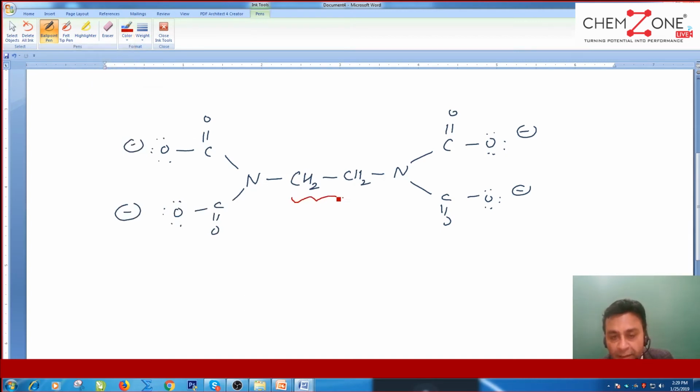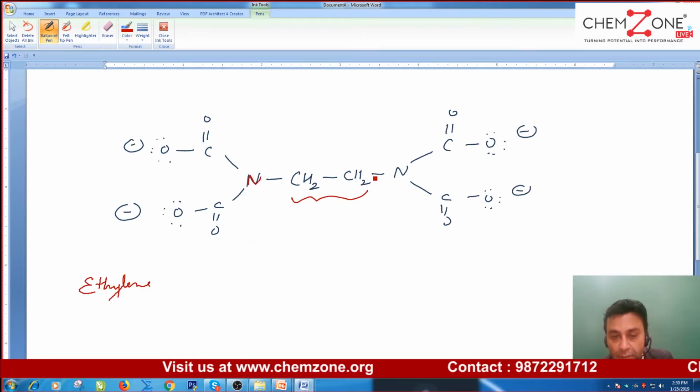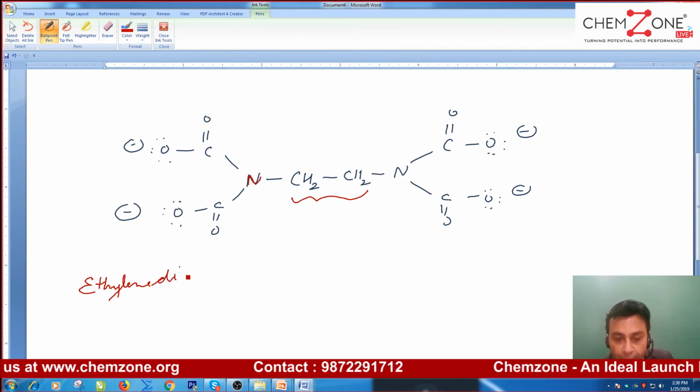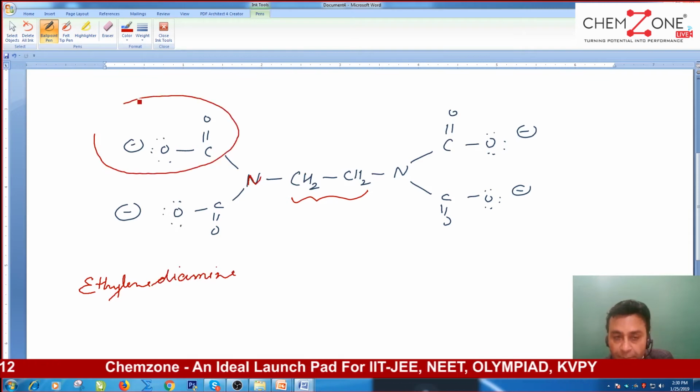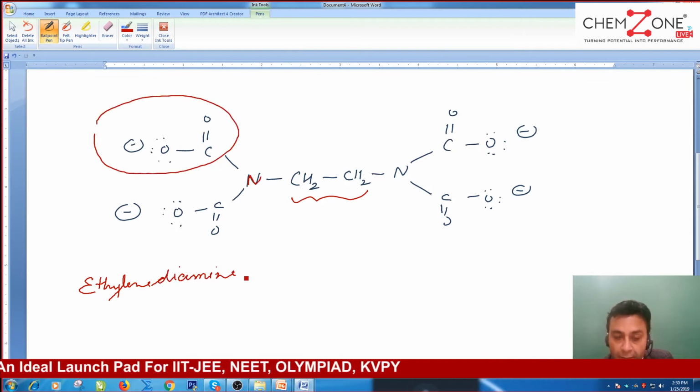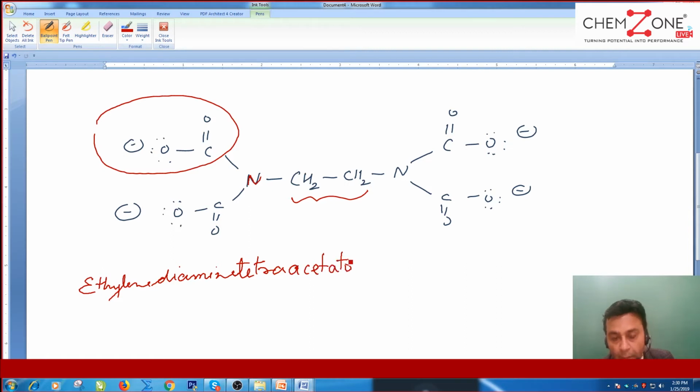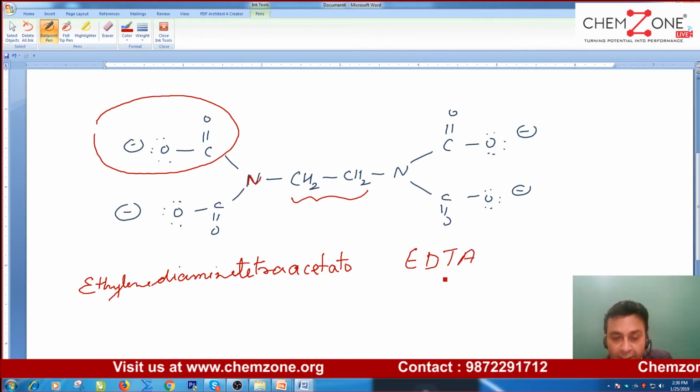This part is called ethylene. There are 2 nitrogen here, so it is ethylenediamine. And this part is the acetato part. Ethylenediamine tetraacetato. Tetra because there are 4 in number. So E for ethylene, D for diamine, T for tetra, A for acetato. EDTA is this one.